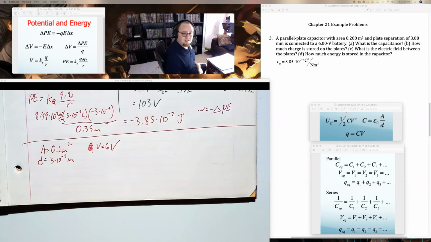What is the capacitance? Okay, I gave the area and the distance between the plates for a parallel plate capacitor.